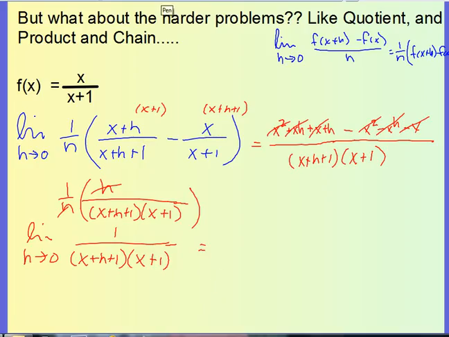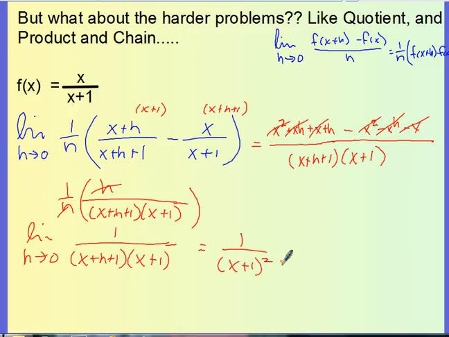If I plug in h equals 0, what's going to happen? That goes away. So what am I left with? So by magic it still works. This rule still works, okay?